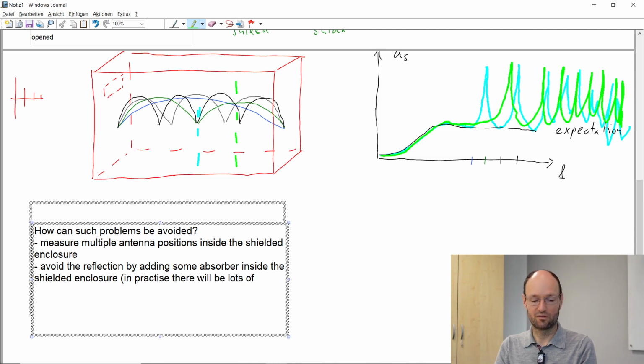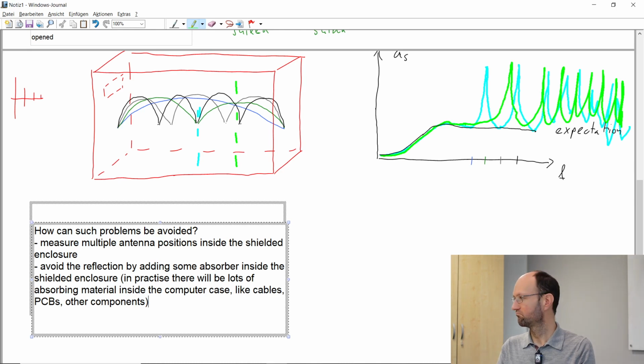Yeah, there will be lots of absorbing stuff inside the computer case, like cables, PCBs, other components, and so on. And they might all absorb electromagnetic waves.